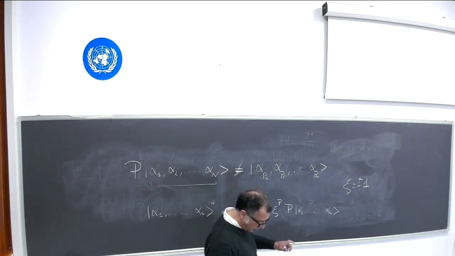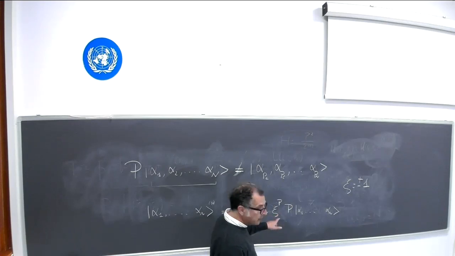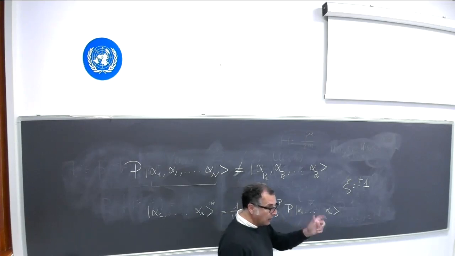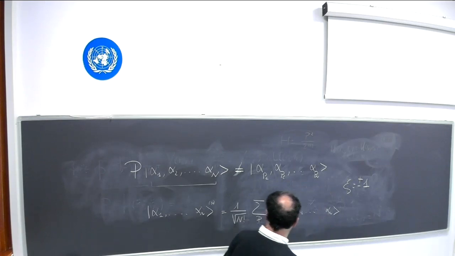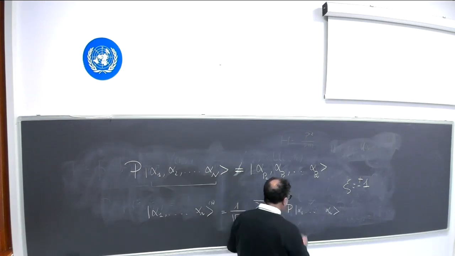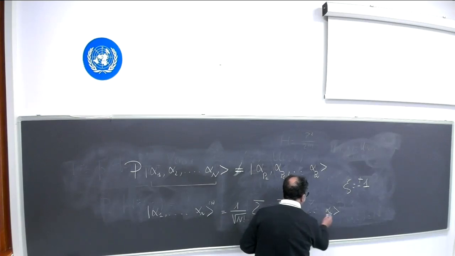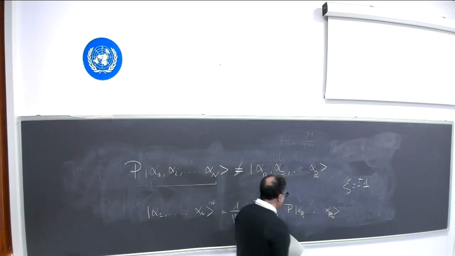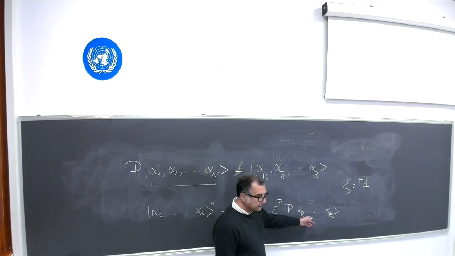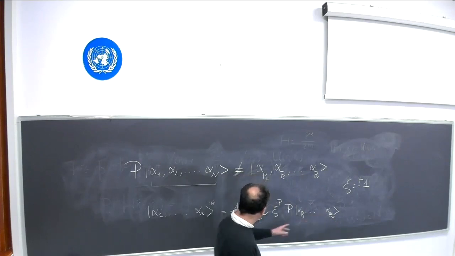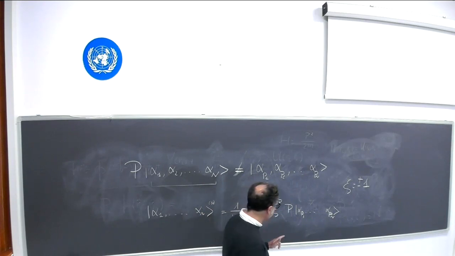Plus 1 is for bosons, minus 1 is for fermions, and essentially P just counts the number of exchanges that you have to do. Sorry, there is a mistake here. This is P1 and this is Pn, that connects alpha P1 to Pn to alpha 1 and alpha n. So this is a proper symmetric or antisymmetric version of the wave function.